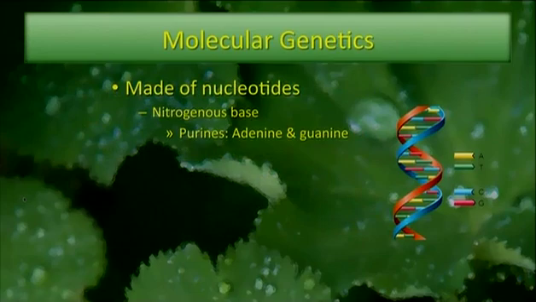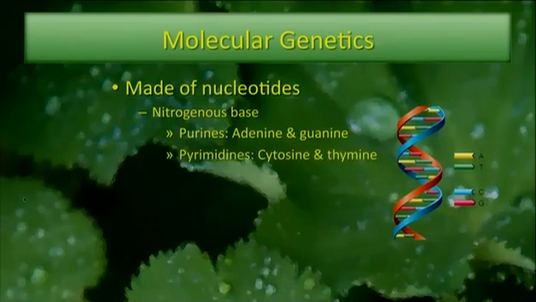There are 2 purines, which have a double ring structure, called adenine and guanine, abbreviated A and G. And then you have pyrimidines that have a single ring structure, called cytosine and thymine. So you have double ring structures in the purines, single ring structure in the pyrimidines.